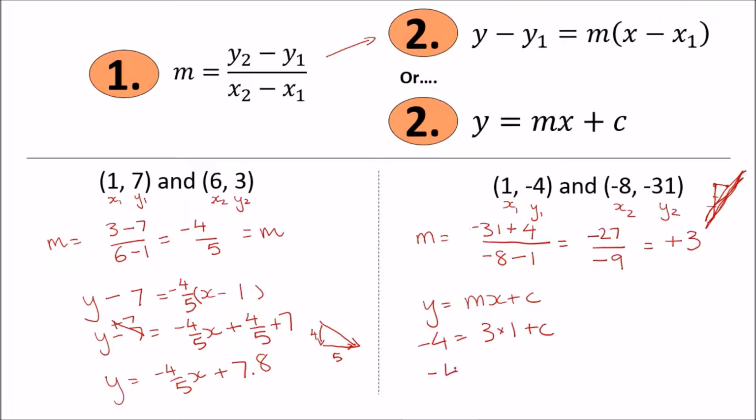So it becomes negative 4 equals 3 plus c. We need to subtract 3 from both sides, which gives us a c of negative 4 minus another 3, which is negative 7. So this is where I've said to be careful that you don't just write the y equals mx plus c once. You must come back and restate your answer.